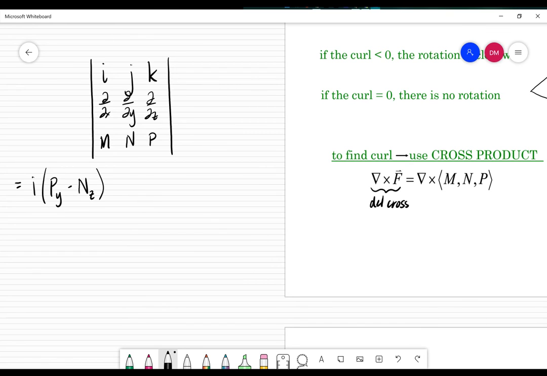When I go to do my 2x2 here and I multiply P by the partial with respect to y, then I'm getting partial P partial y. And when I do that with N partial z, I get N partial z. So that's where those terms are coming from. And then I do the same thing with j here. So as I go to do my 2x2, it's telling me the function that I'm taking partial what variable?